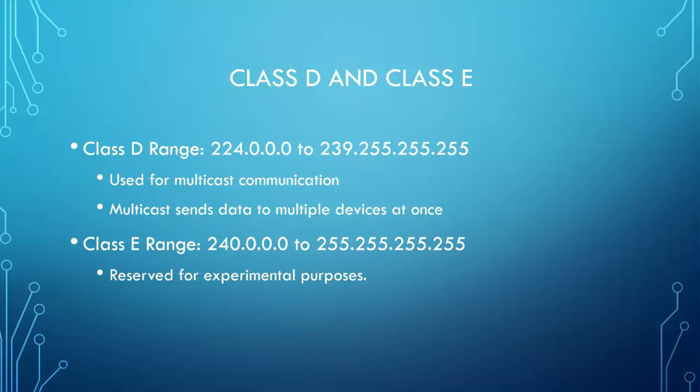The Class D range is 224.0.0.0 to 239.255.255.255. Class E addresses range from 240.0.0.0 to 255.255.255.255 and are reserved for experimental and research-based purposes. Hence, Class E.